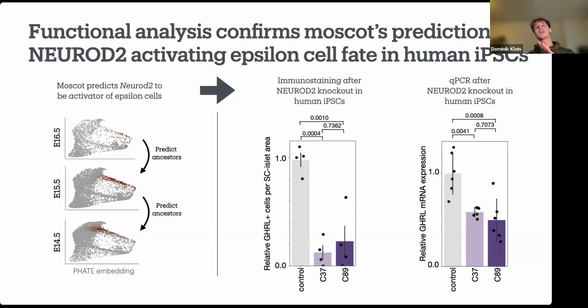But this way, we predicted NeuroD2 to be an activator of the epsilon lineage. And then we performed immunostaining of human iPSCs which had a NeuroD2 knockout, as well as qPCR analysis, and indeed found that NeuroD2 is an activator of the epsilon lineage.